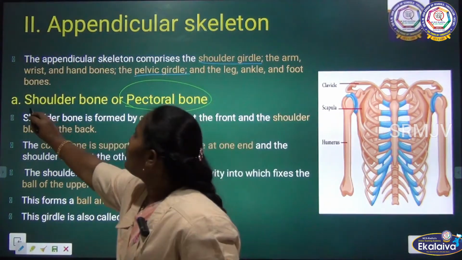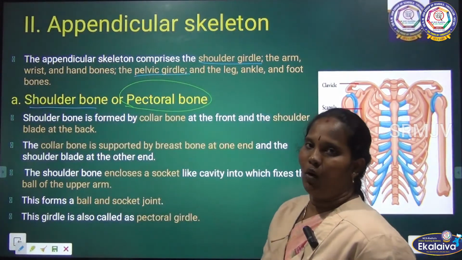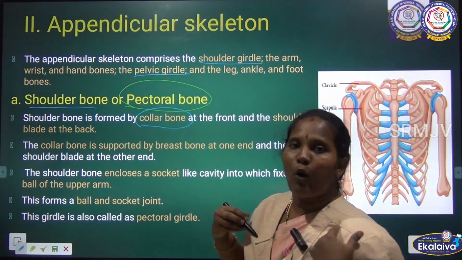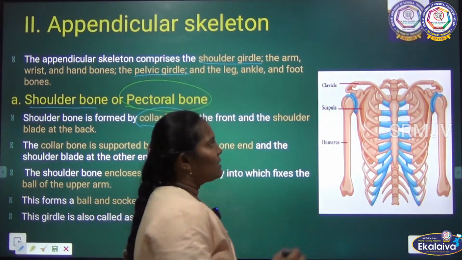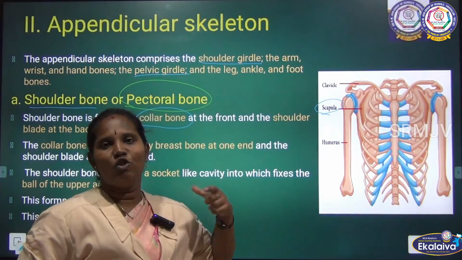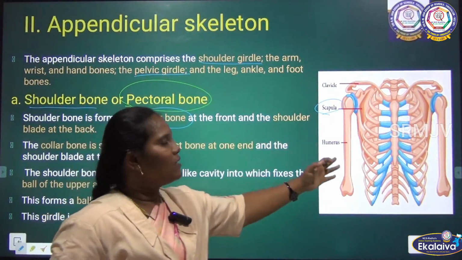First, we have to see the shoulder bone, the pectoral girdle. The shoulder bone is made up of the collarbone and, at the back side, the scapula. The collarbone and scapula join together to make the shoulder bone.